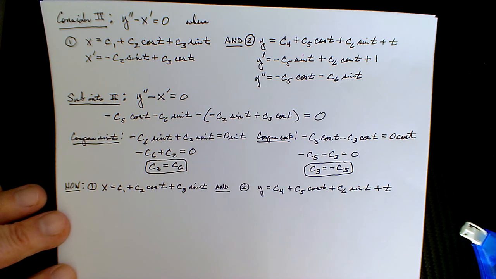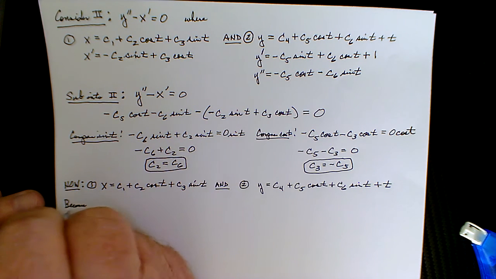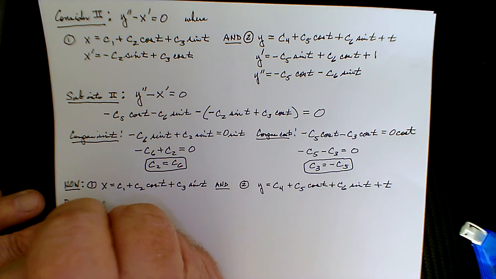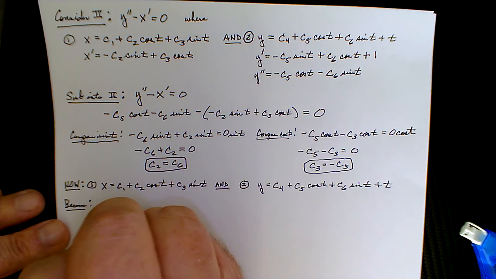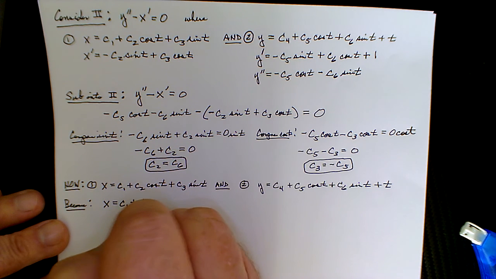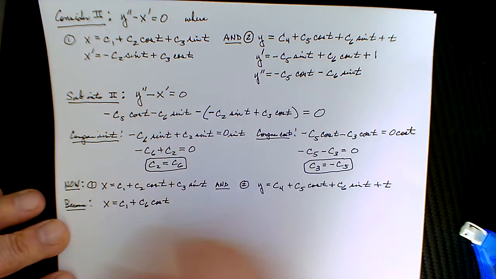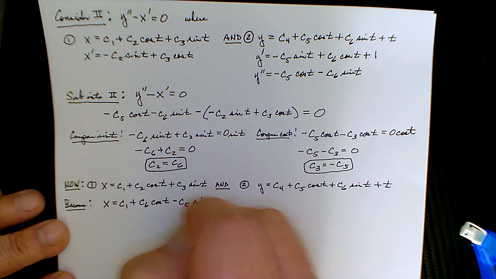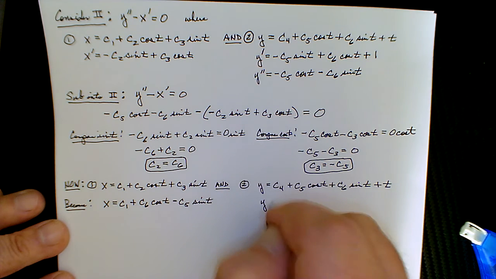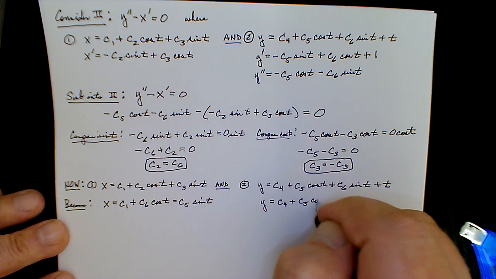And these equations now become x equaling C1, but C2 is C6, so plus C6 cosine t, and C3 is negative C5, so minus C5 sine of t. And I'll just recopy this one because we're going to keep those constants the same.